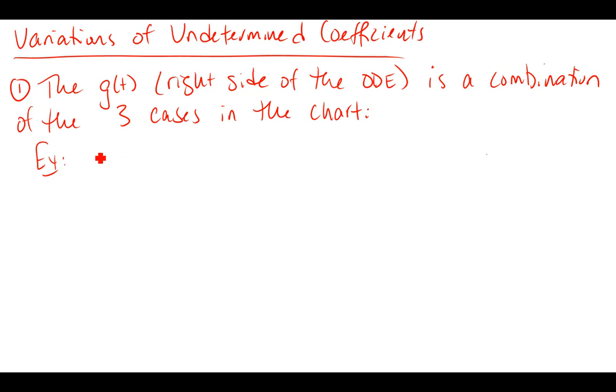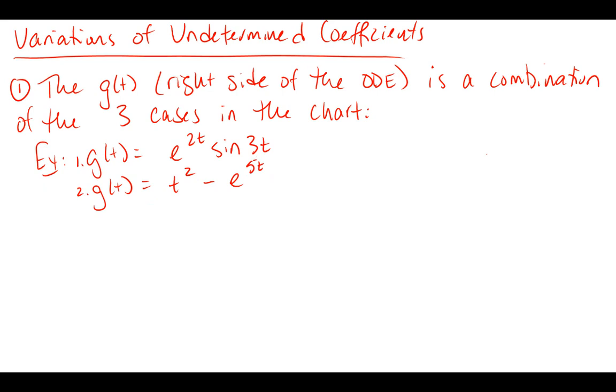Maybe the g of t that you have is something like e to the 2t times sine of 3t. Or maybe the g of t is something like t squared minus e to the 5t.